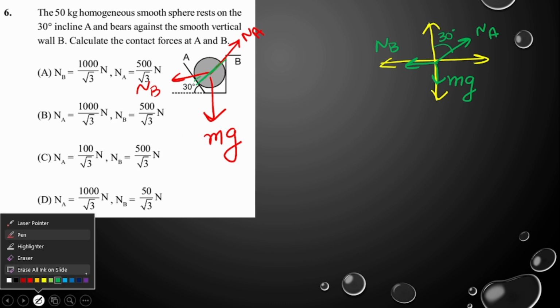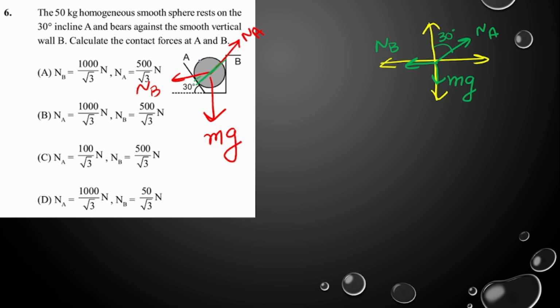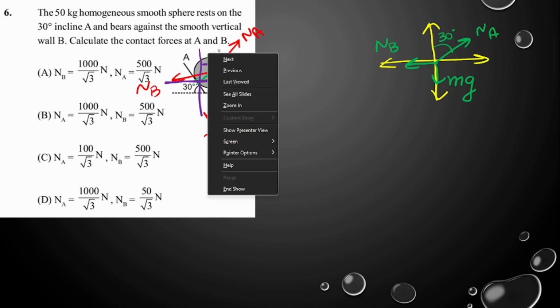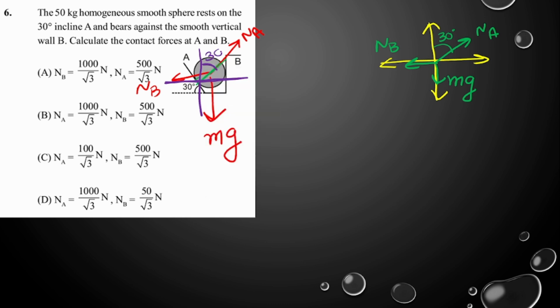So taking the components, we will get horizontal and plane will make 30 degree, and vertical and perpendicular to plane will again make 30 degree. So this is 30. See how you can do this.